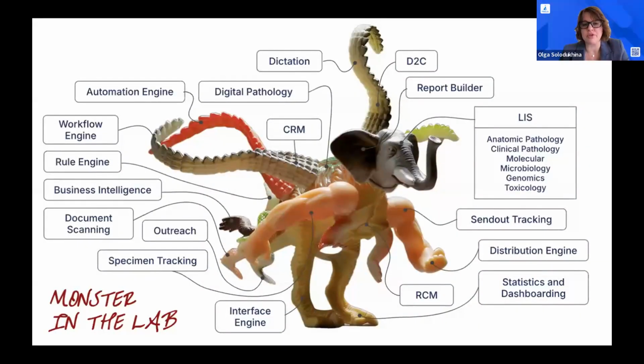And one thing to mention here would be not to forget about the RCM. I think that's one of our greatest benefits, that we have LIS and RCM in one box together, that allows the labs to build really transparent operations and have their reimbursements increased through having this transparency.